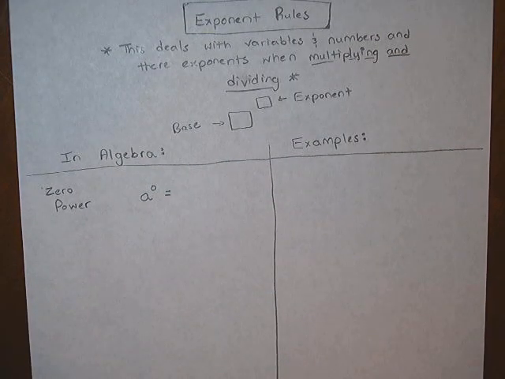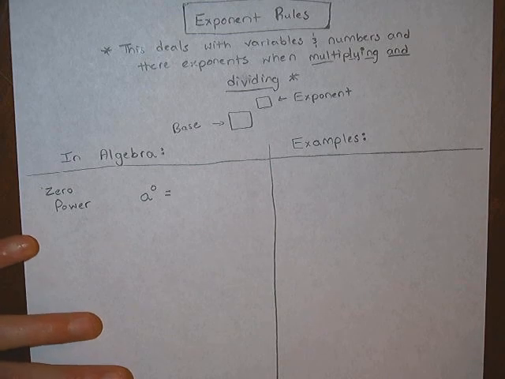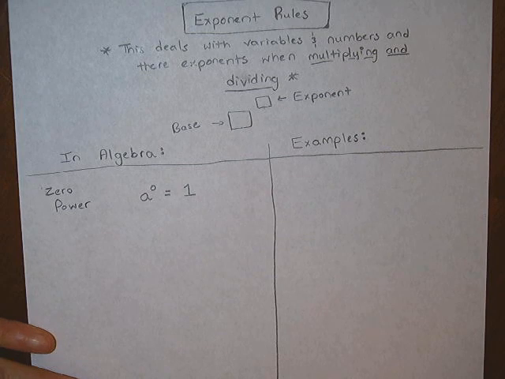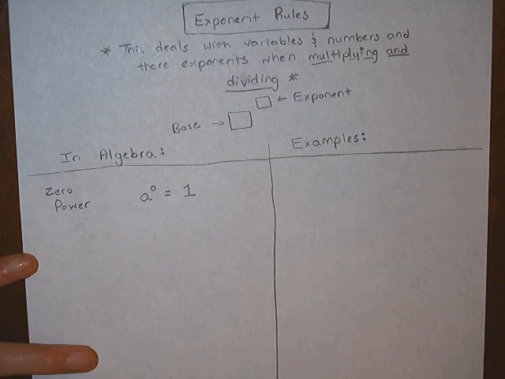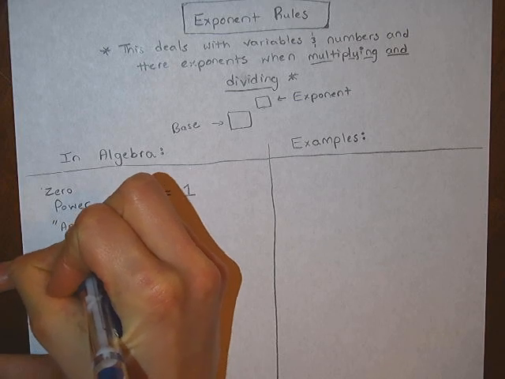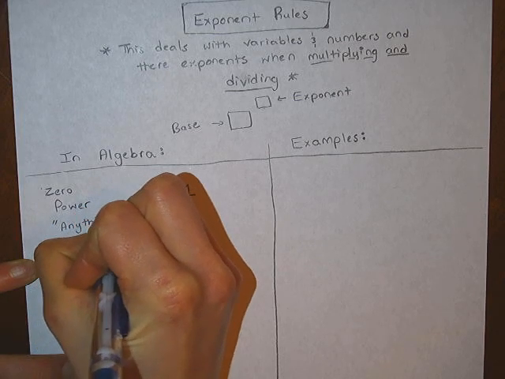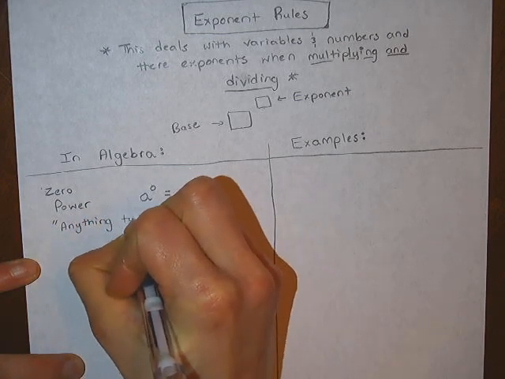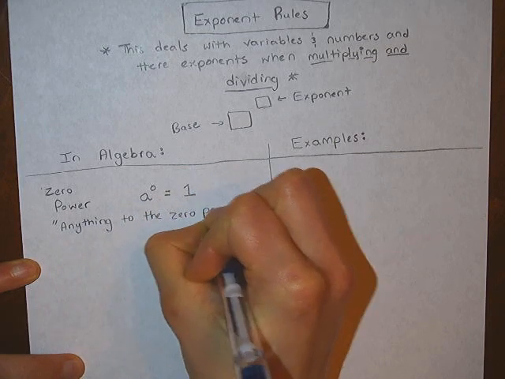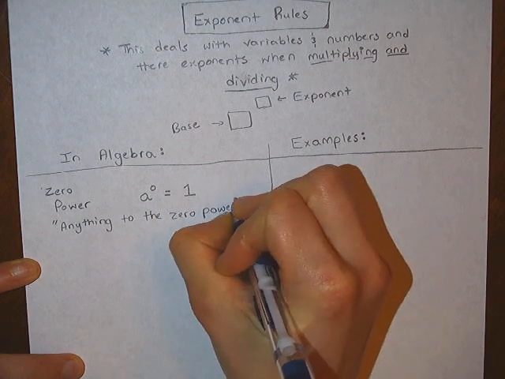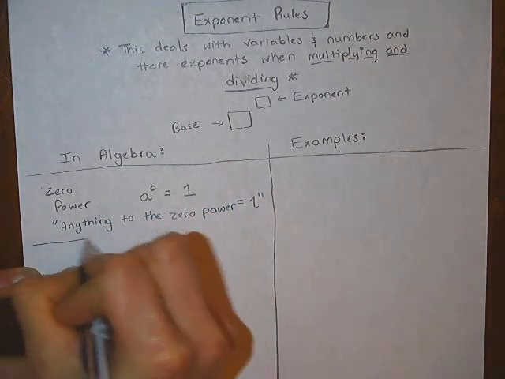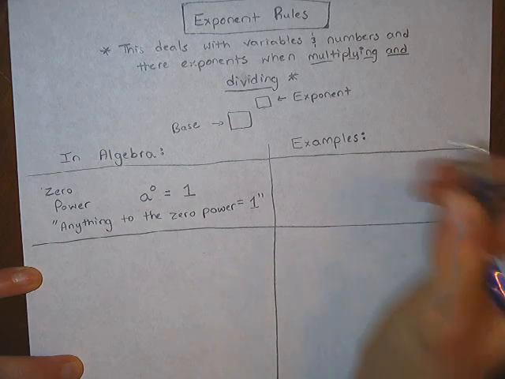Anything that has an exponent of a zero will actually always equal 1. Doesn't matter how messy it is, it will always equal the number 1. Okay, so just a little description. You could put anything to the zero power equals 1.